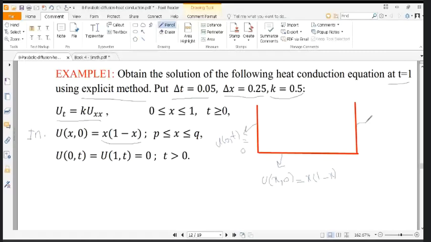Then for the other boundary, we have u at 1 and t. Why 1? Because x goes from 0 to 1. For every t, u at 1 and t is again 0. These are the boundary conditions, and that is the initial condition.